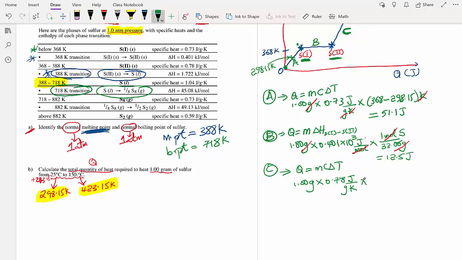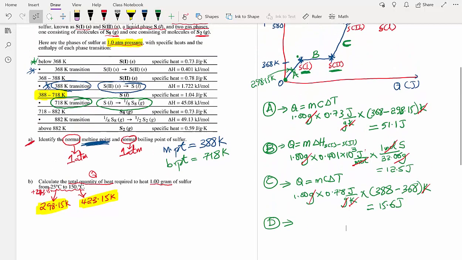And the temperature change is 388 Kelvin minus 368 Kelvin. Again, grams will cancel out grams, Kelvin will cancel out Kelvin. If you put all of this into your calculator, you will find that stage C should give you a value of 15.6 joules.